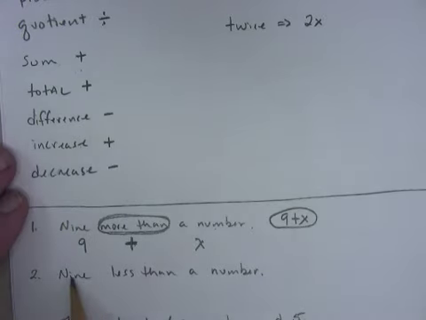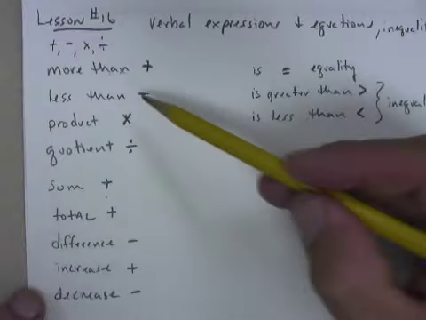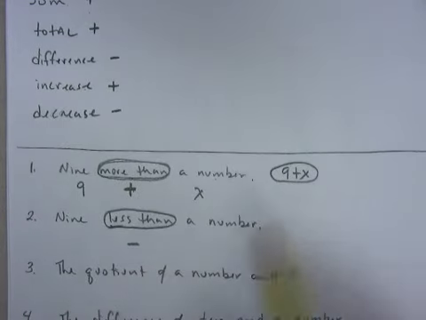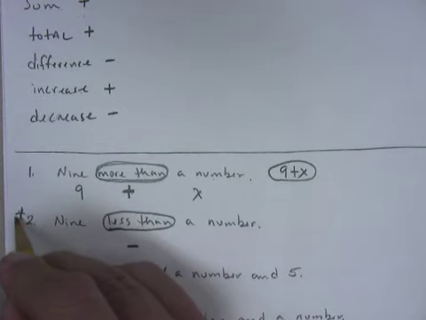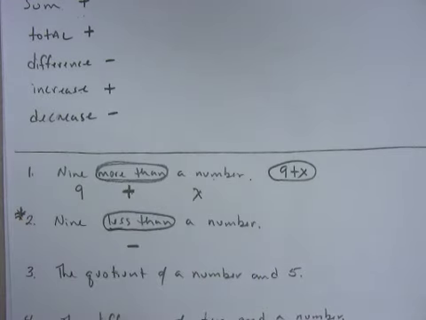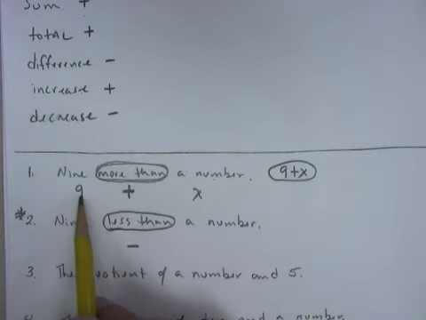The trick is to find the key words. So next one, number 2, 9 less than a number. The key phrase is less than. So I put minus, that's from up here. And this one I'm going to circle and put a star next to. This is kind of the exception. Usually, if 9 is written first, we write the 9 first.